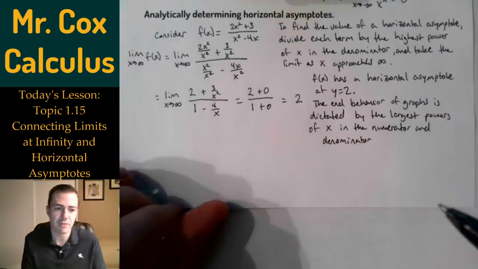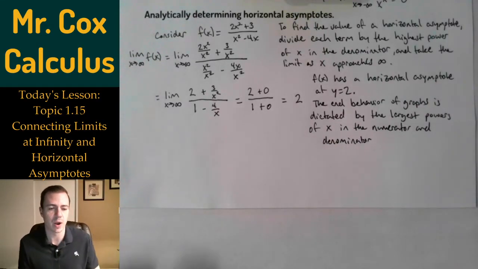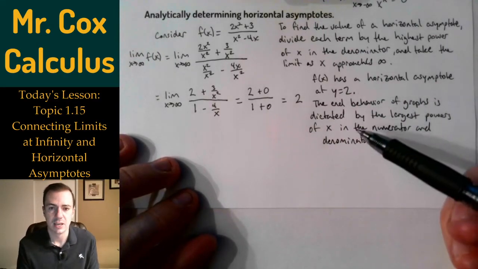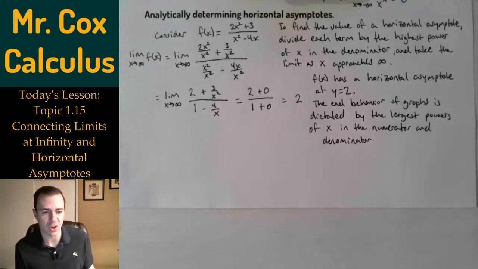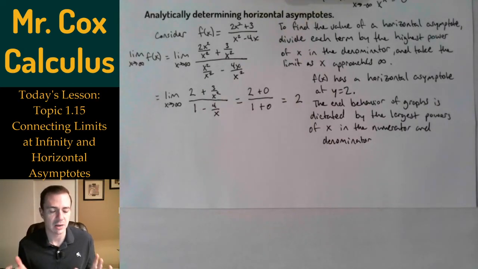And so when you're evaluating these limits to determine where a horizontal asymptote is, you really can just focus on the highest powers of x in the numerator and in the denominator.